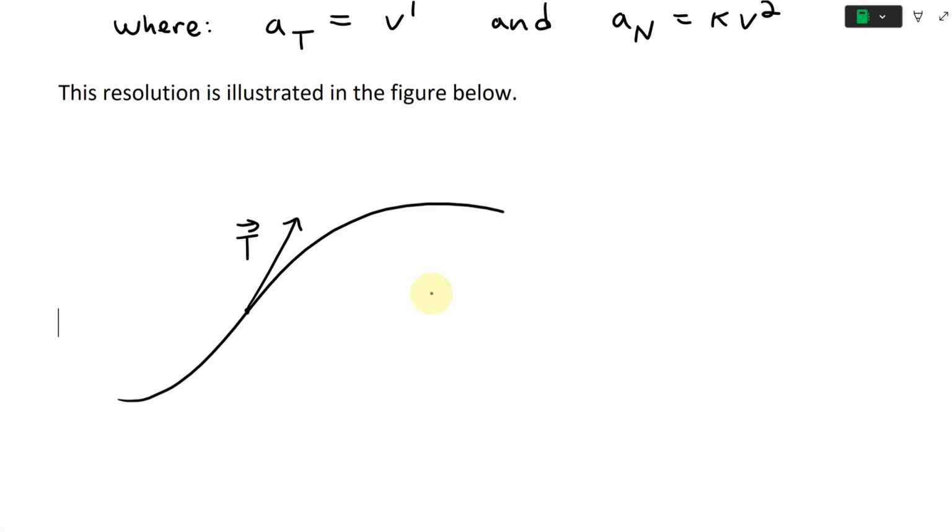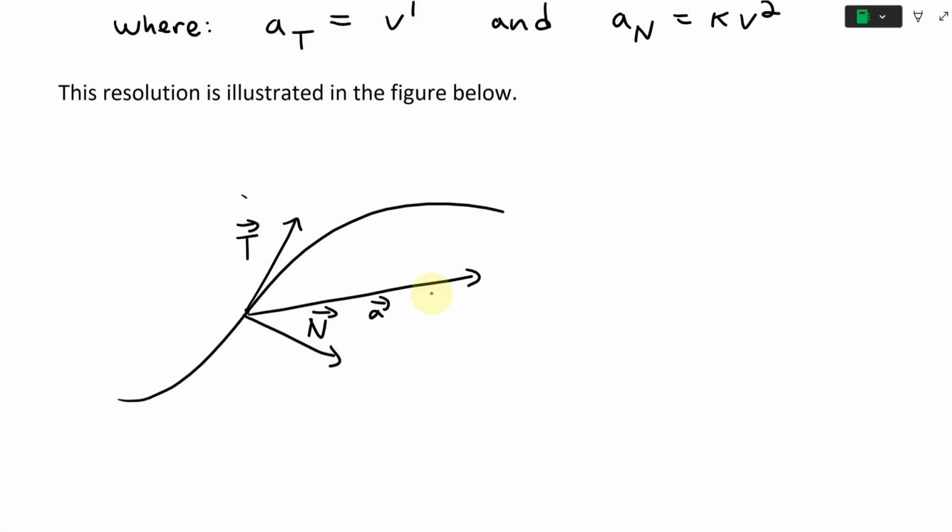It's accelerating this way, and it has a big acceleration vector like that. Now it has a unit normal vector like this. This is going to be N. But remember, these are all length 1, so you have to keep that in mind.